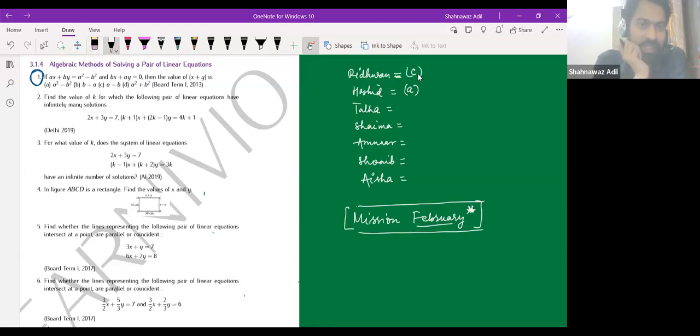Yes, you can use any method, right? Elimination, substitution, or the simpler methods Ashi told us about. Any method can be used.